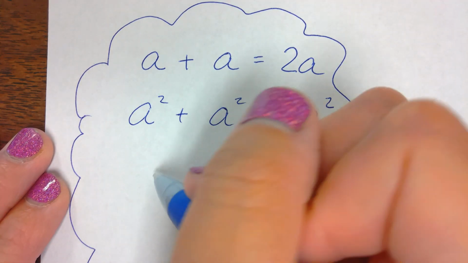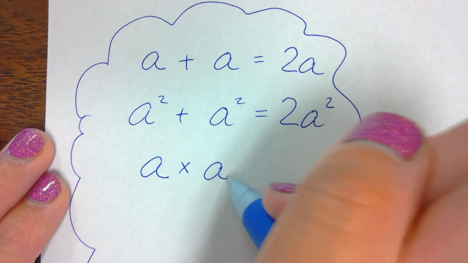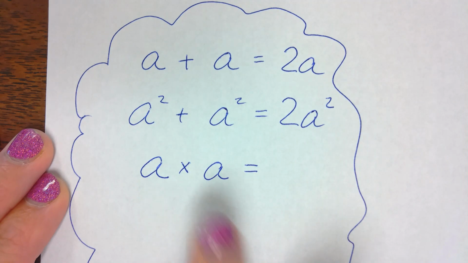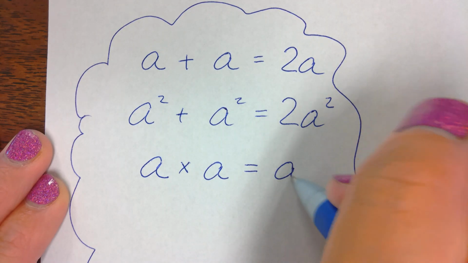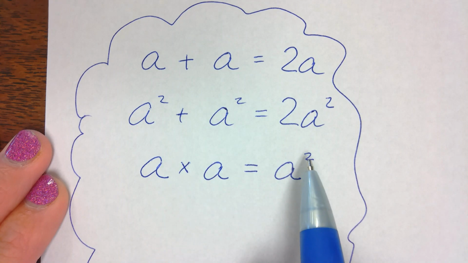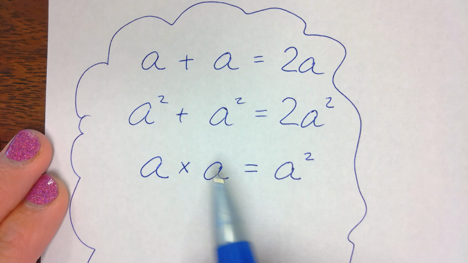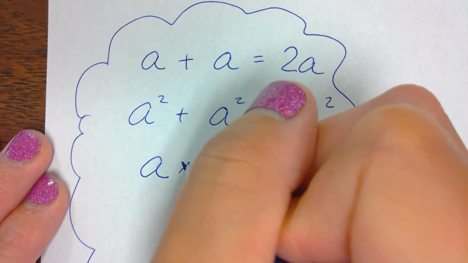When does it change? When you multiply. A times A. What's A times A? A squared. This is when it changes. Your exponent only changes when you are multiplying.